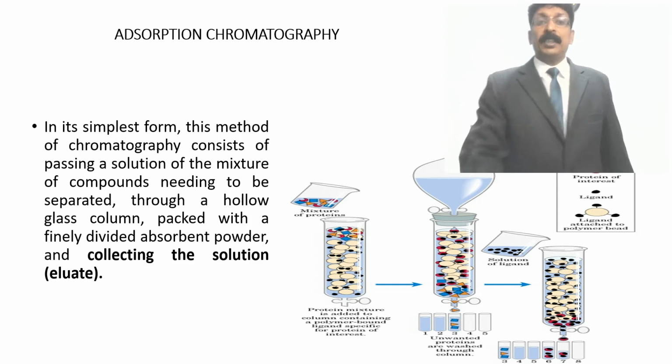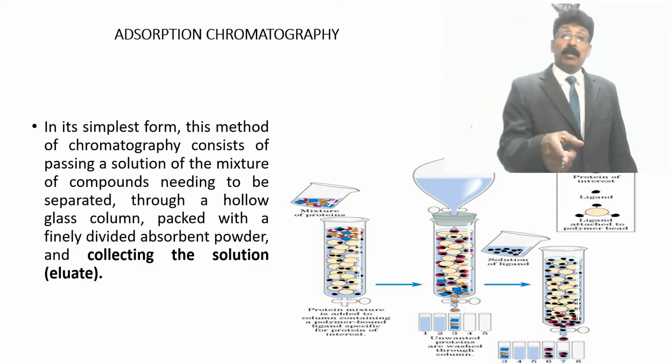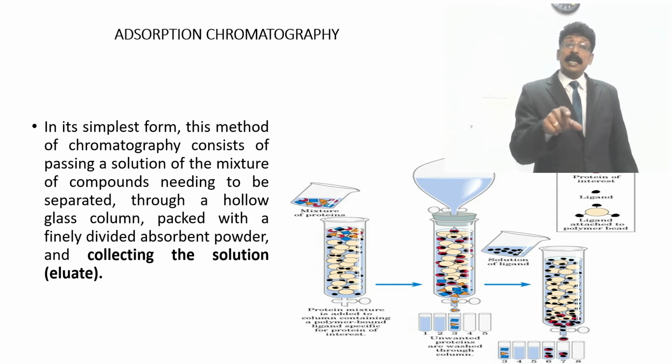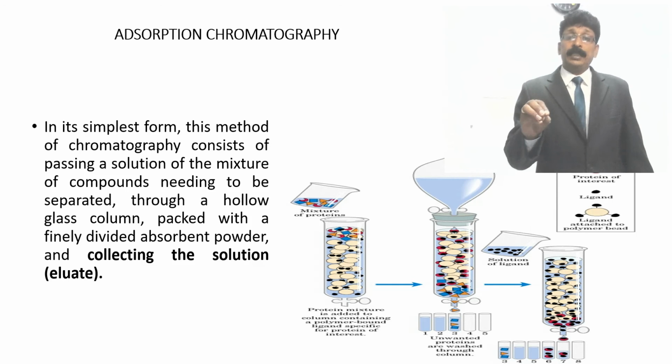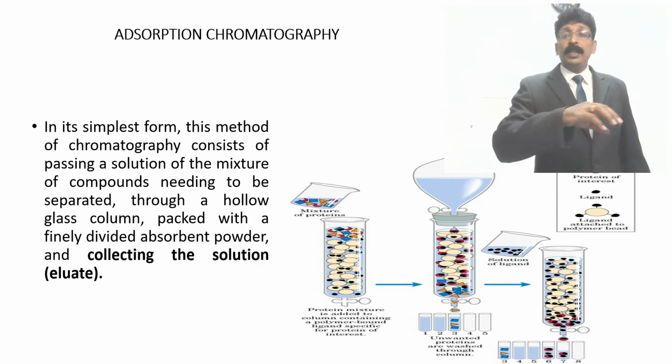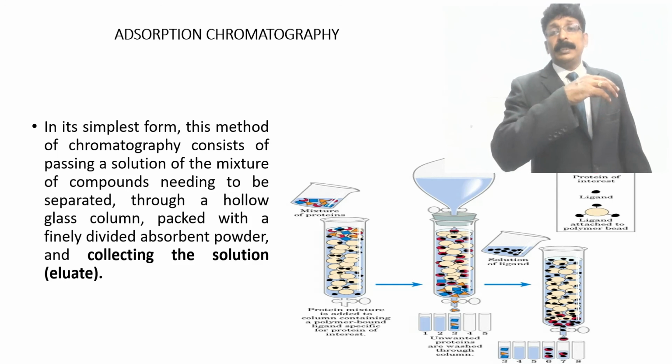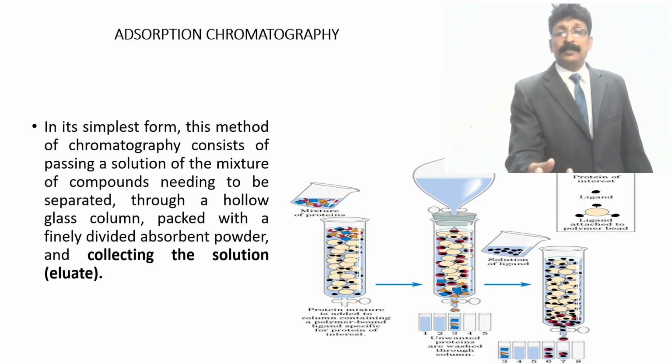There is a mixture of protein which is poured into the column. When you pour the mixture which you are interested to separate, what will happen? It will just go inside, and the stationary phase is kept as a gel.